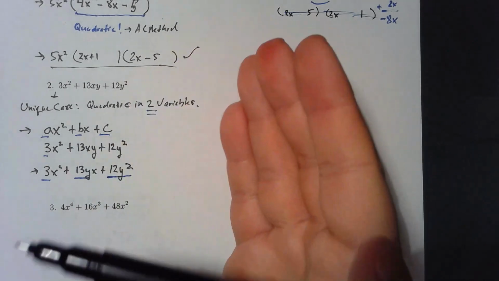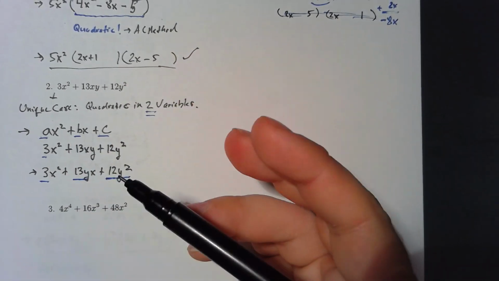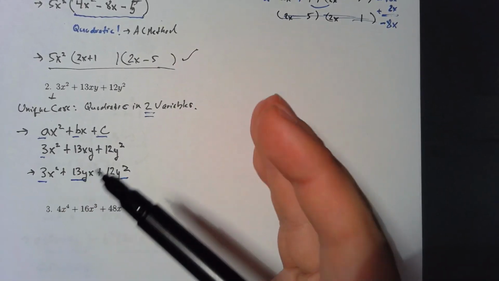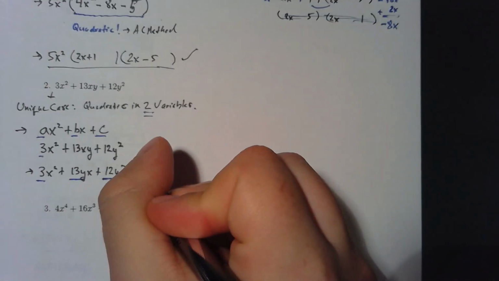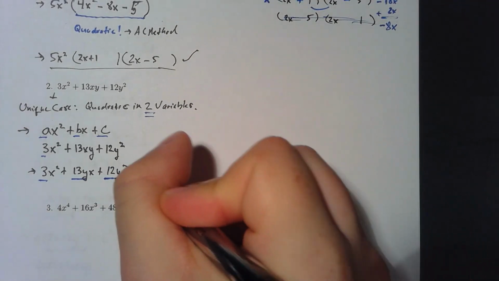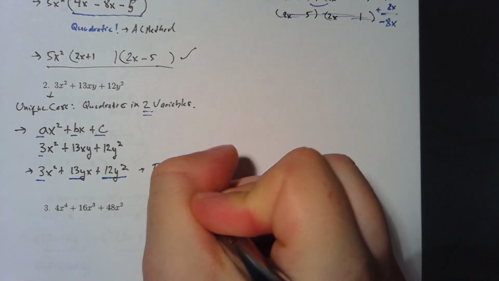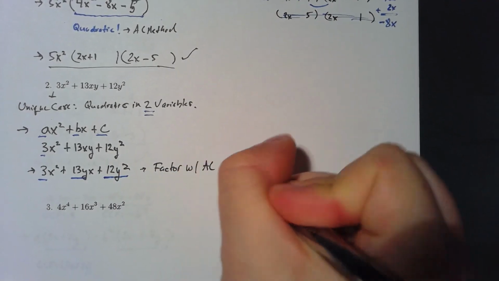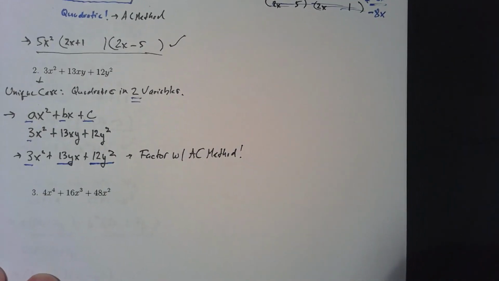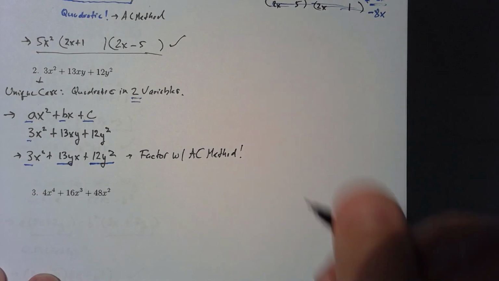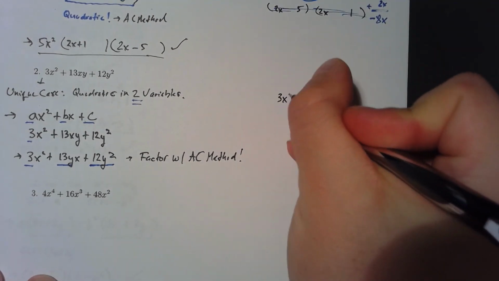It's a unique kind of quadratic, but it's not too bad when you have to factor it. This is a quadratic, and you could factor it with the AC method. Either one will work just fine. I'm going to use trial and error.